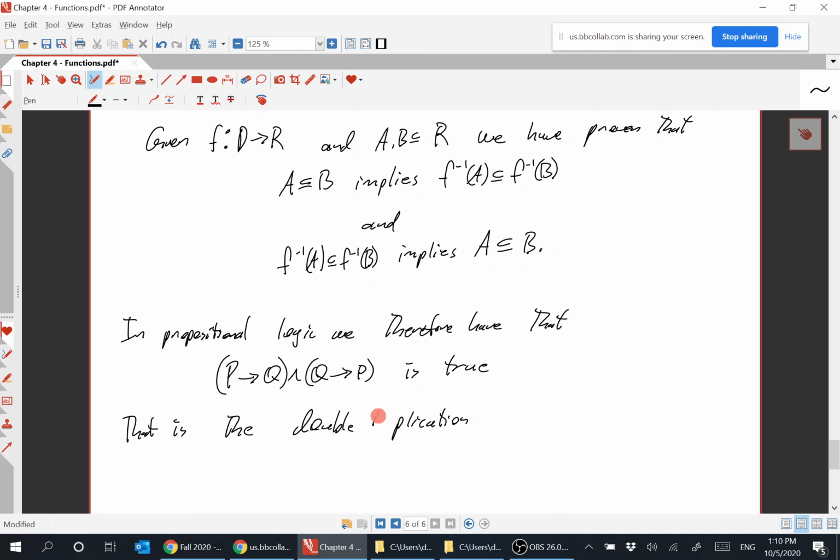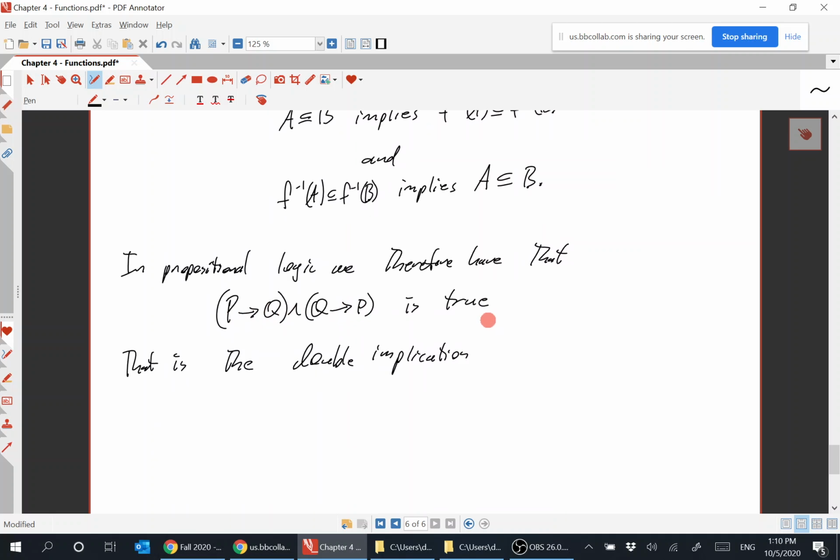So logical equivalence is often called double implication because it's both implications: P implies Q and Q implies P. Therefore, the double implication, that is, logical equivalence, P if and only if Q is true.